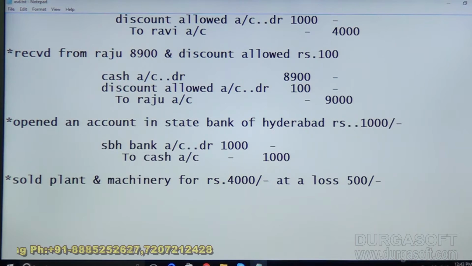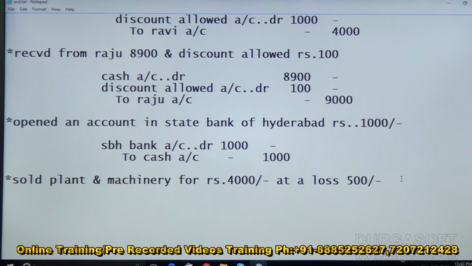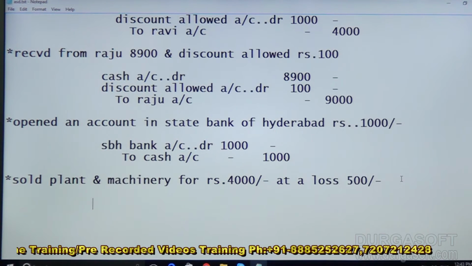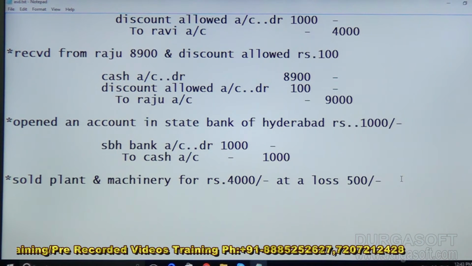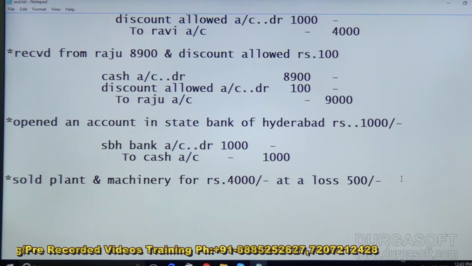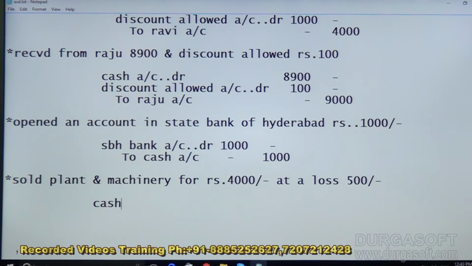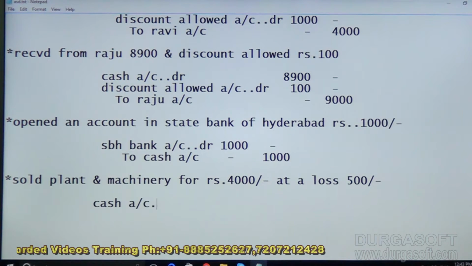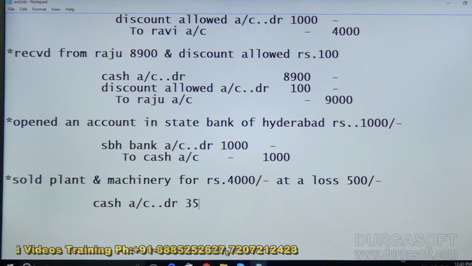So here, if you are selling plant and machinery, normally what will we write? Cash account debit to plant and machinery account. On this basis you have got a loss, so how do we write the loss? The total amount we need to show, and the customer is paying us 3500 rupees, meaning we are receiving: cash account debit, how much? 3500.